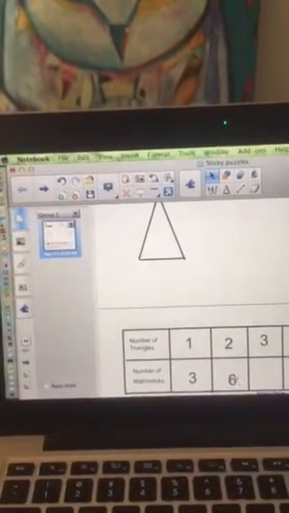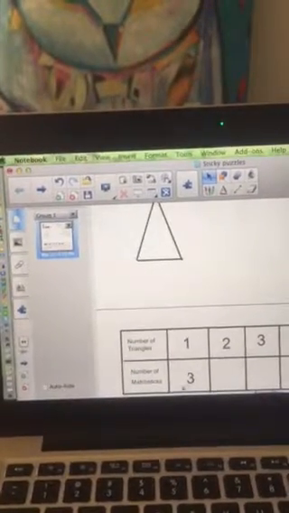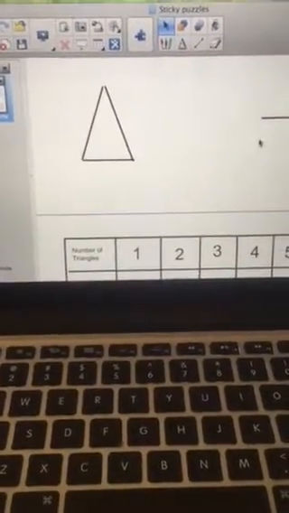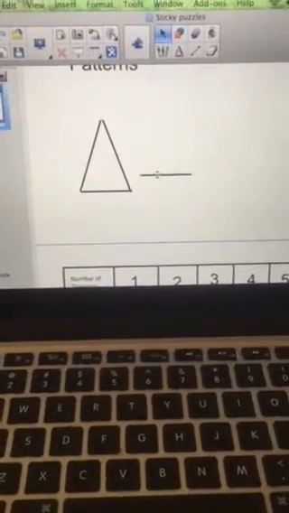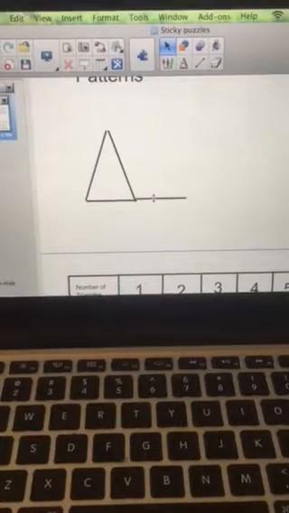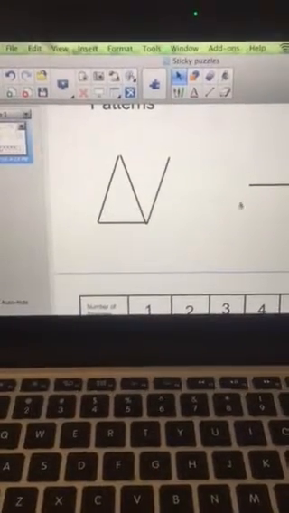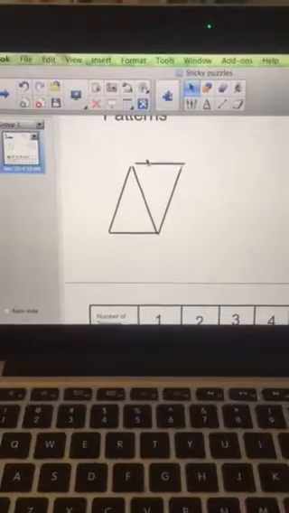So with this one, let's have a look. You might start a new table of values. I've got 3 sides, or 3 matches, to form 1 triangle. And on this one, I'm going to do it this way this time. 1, 2 matchsticks.